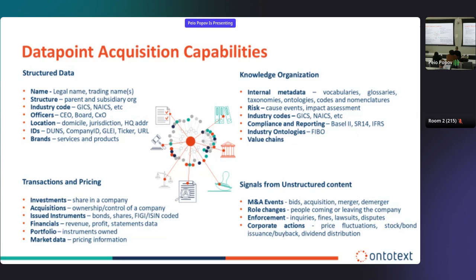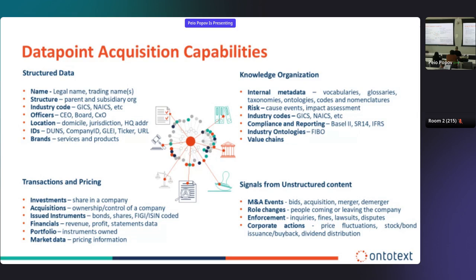It might be filings, reports, any kind of narrative which is written down. We would like to be able to digest it and get stuff out of it into the graph. And of course, not only get it, but associate it with the reference data and classify it according to the knowledge organization. So it all needs to be aligned. It cannot simply be dumped in a warehouse-like manner.